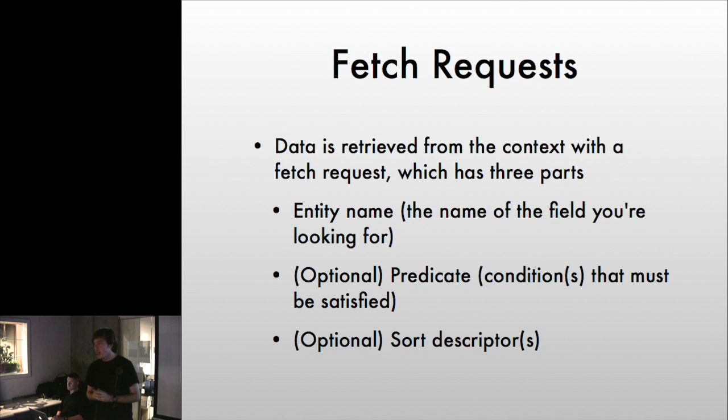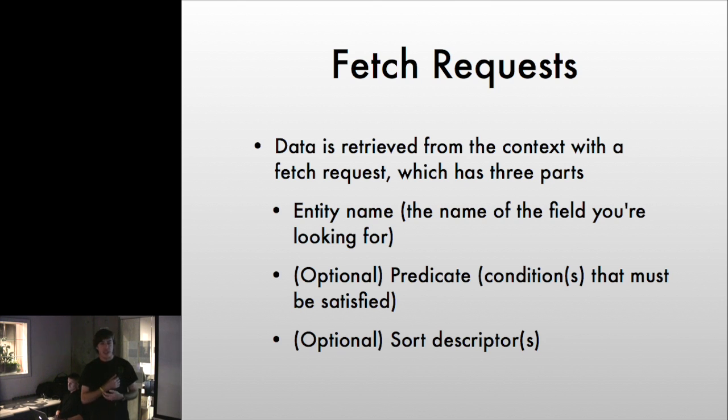Once you have an object graph, you can make fetch requests on that graph. There are 3 parts to a fetch request. This is how you get data out of the context. You must specify the name of the entity you're looking for. So if you have, for example, a database of employee records, you might be looking for a name. That'd be the entity you're looking for.